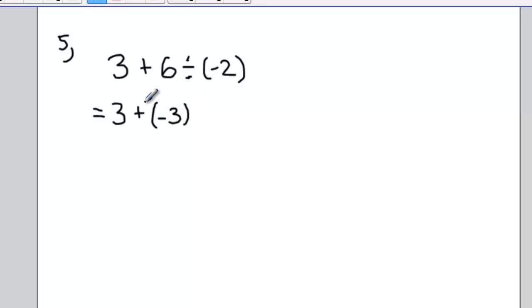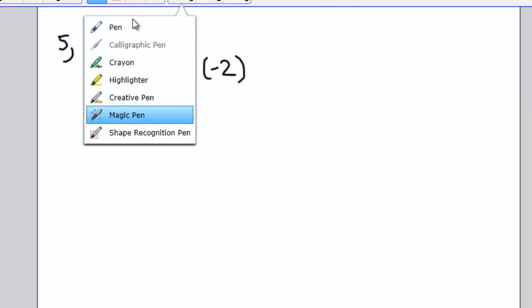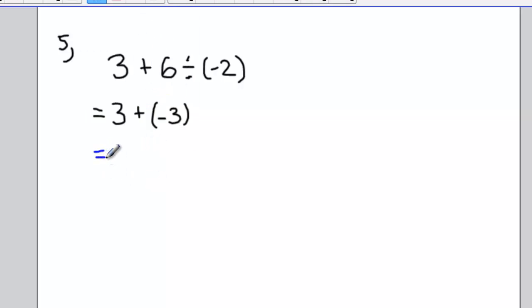You have to imagine that there's an invisible number 1 in the front of that bracket, which means I'm really multiplying 1 times negative 3. Positive 1 times negative 3 is negative 3. And then my final answer, 3 take away 3, would be 0. Again, I'm working down, not across, and I have one equal sign per line.